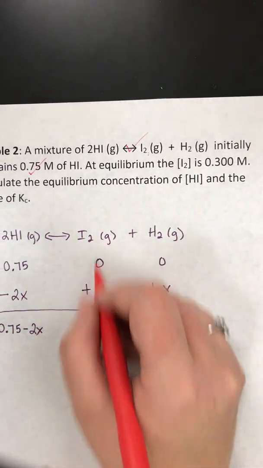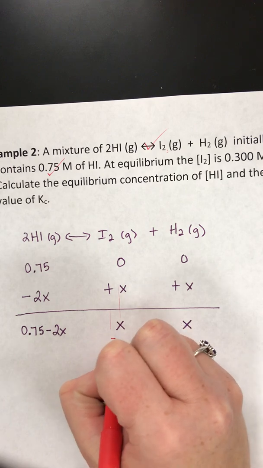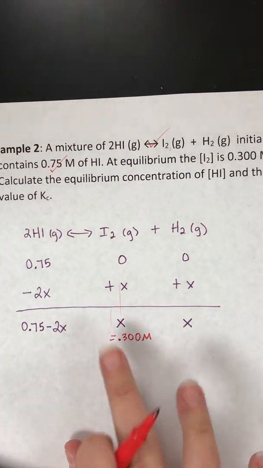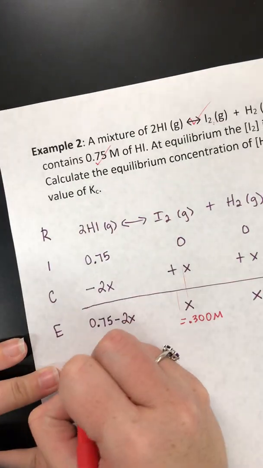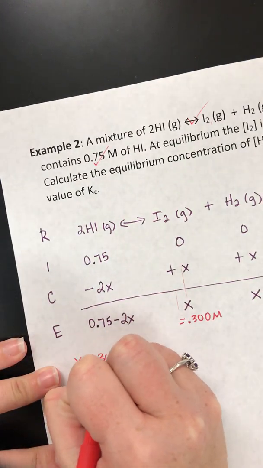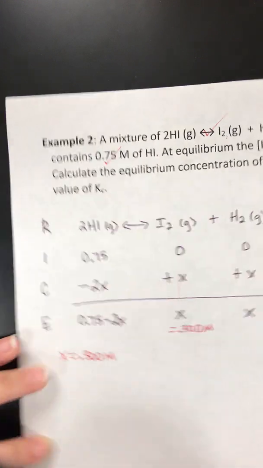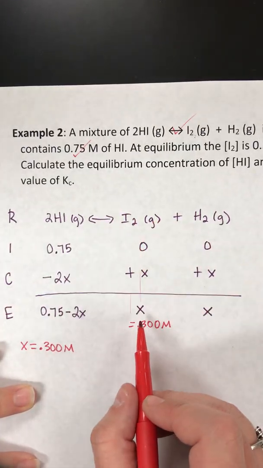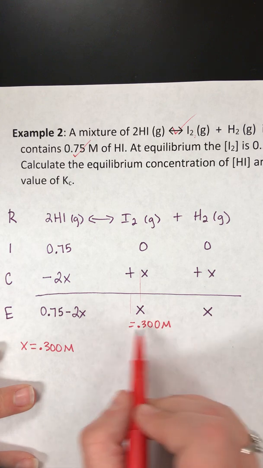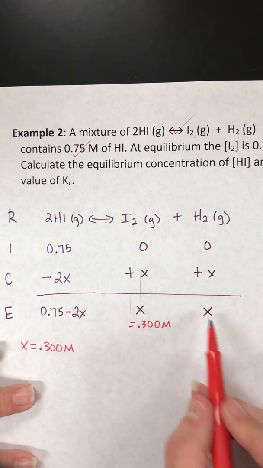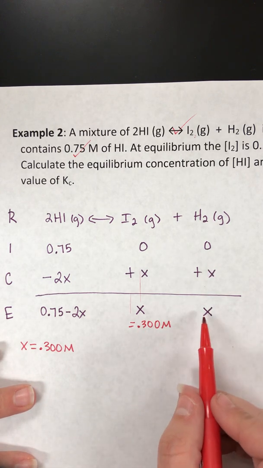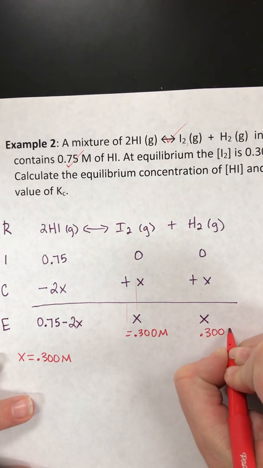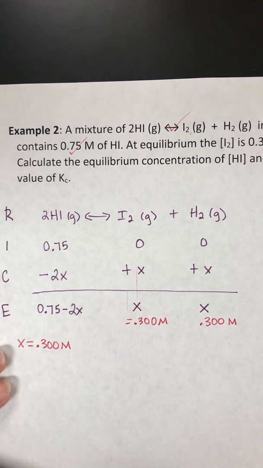So we know here that I2 at equilibrium is 0.300 M, and it is equal to X. So X equals 0.300 M. Well, if I2 is X at equilibrium, and we know the number, H2 is also X at equilibrium, and we also know that number. So that means H2's concentration is 0.300 molarity as well.